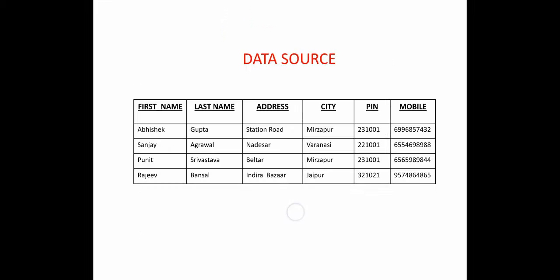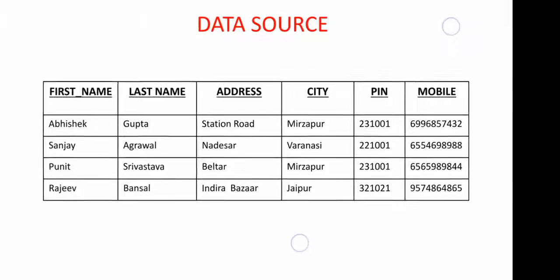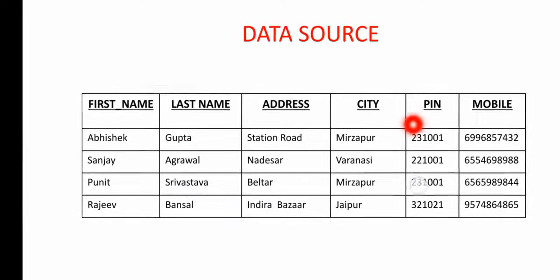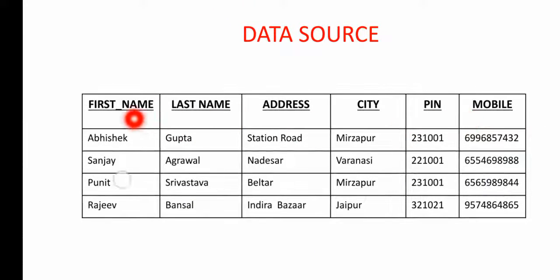As it is displayed here, first name, last name, address, city, these are called field names, and any person's name, their address, city like Mirzapur or Sanjay, Agrawal, all these are data.